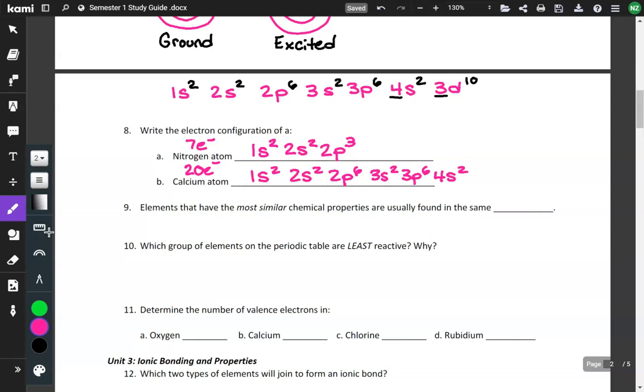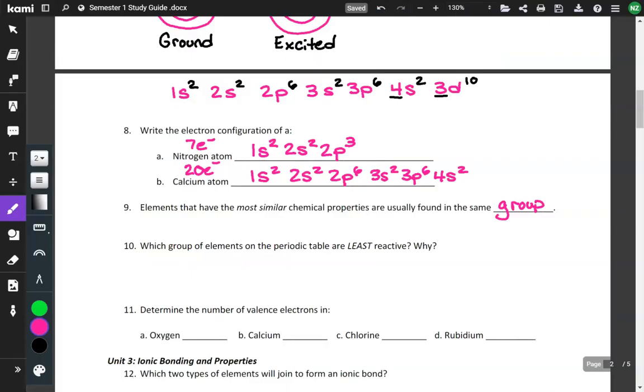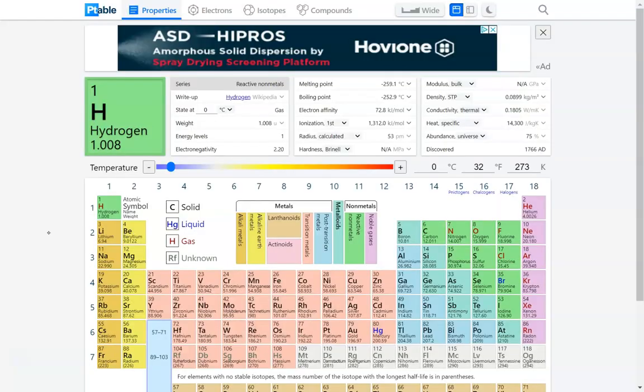Okay, elements that have the most similar chemical properties are usually found in the same group. And the group is the same column on the periodic table. So this is our first group right here. Okay, which elements on the periodic table are the least reactive and why? So the least reactive are the noble gases, which are this last column all the way on the right side.